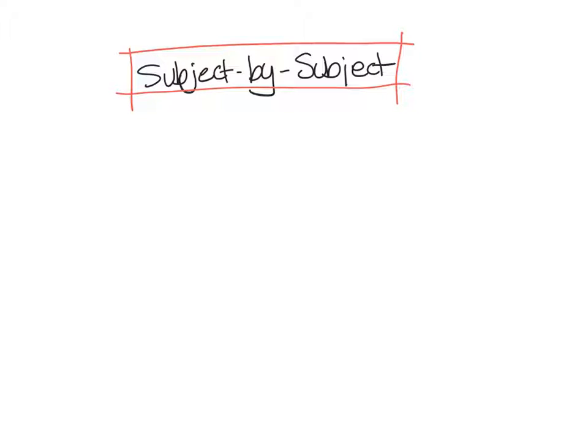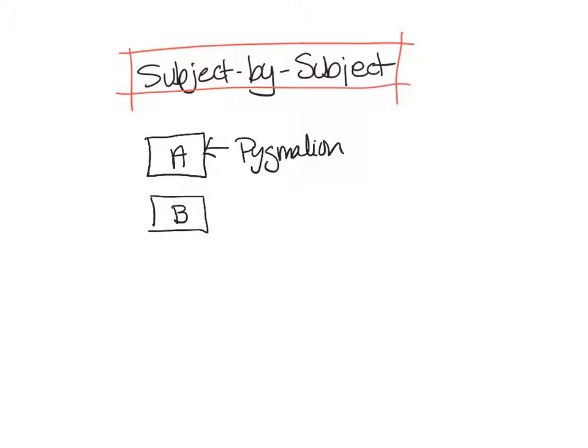Okay, so when we take a look at subject by subject, it will look like this. These boxes are going to represent a paragraph. And so what you'll have is your first topic, A, will be about one particular text. So, for example, if you had paragraph 1 and we were writing about Pygmalion, then it would be all about Pygmalion. In the second body paragraph, you might be writing about Megamind.